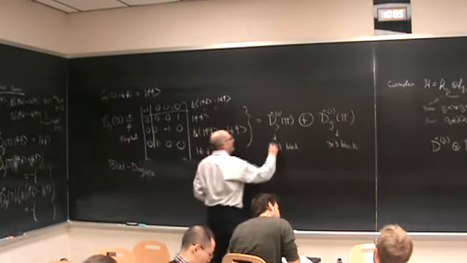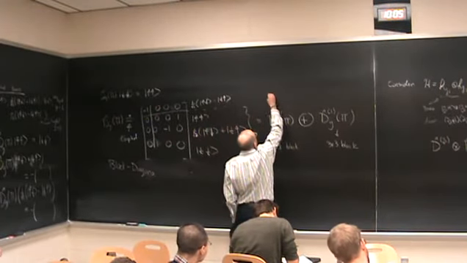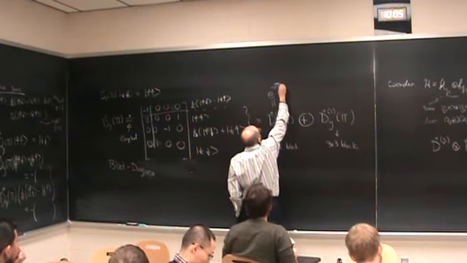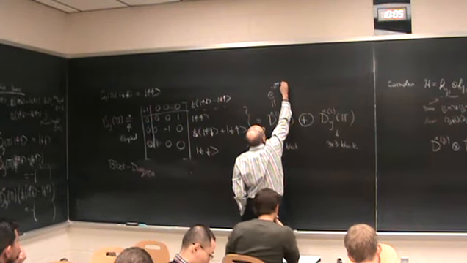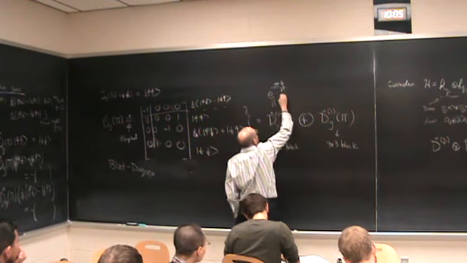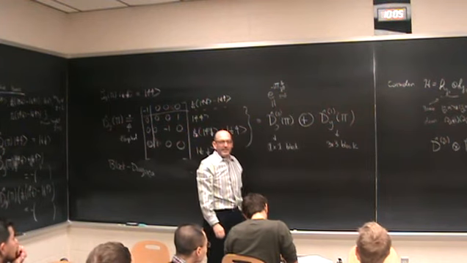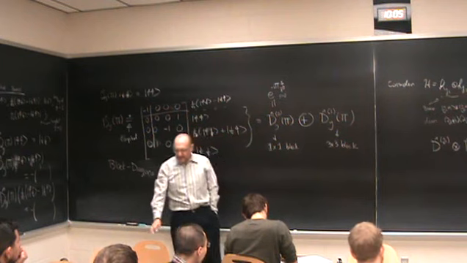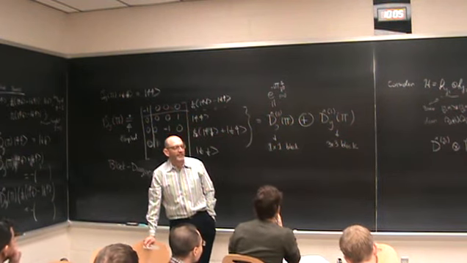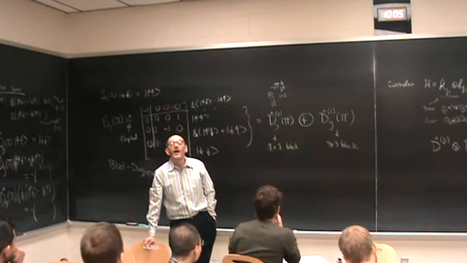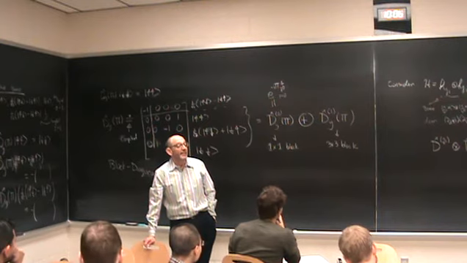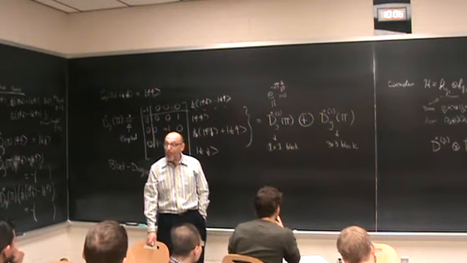Just think, what is this? This guy is e to the minus i pi j, where j is 0. What is the matrix representation of the operator Jy in the singlet subspace?